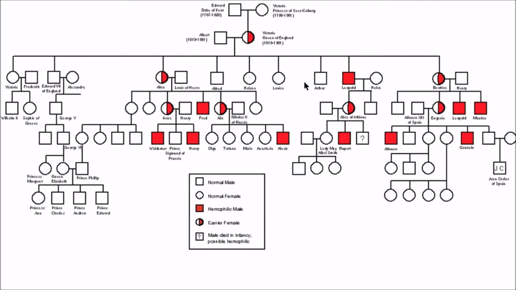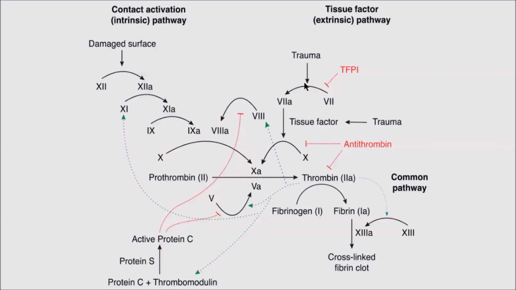Okay. Haemophilia is a blood clotting disorder, and this is what's called the blood clotting cascade. A cascade is a series of reactions where one triggers another. It's a very common signaling system in the body. You don't need to learn this unless you're going to do medicine, in which case you will learn this.